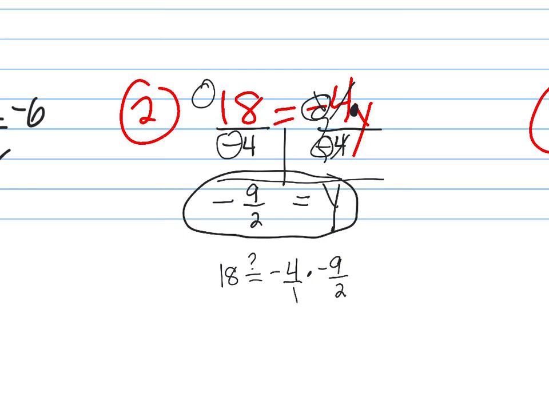What should we try and do? Cancel. 2 goes into 4 how many times, Bailey? Bailey, what's a negative times a negative? And 2 times 9? Is that what we wanted? And it checks.